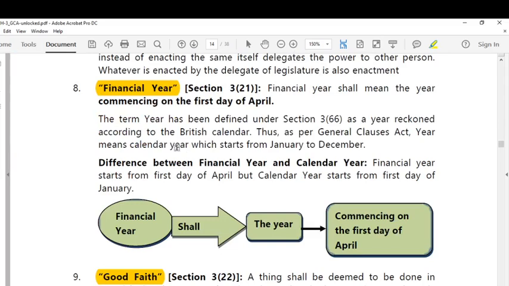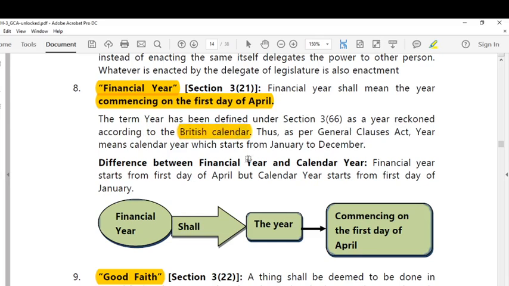Next is the financial year. Financial year means the year commencing from the first day of April. The term year has been defined under section 3 subsection 66 as a year reckoned according to the British calendar.